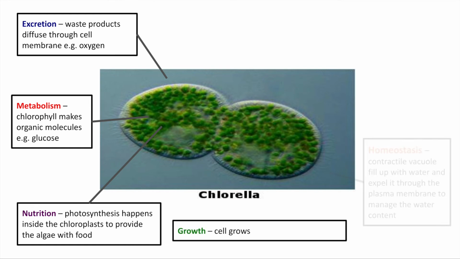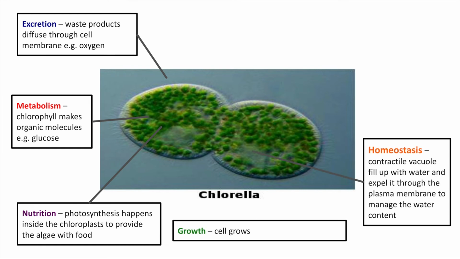Growth, the cell grows. Homeostasis, so the contractile vacuole fills up with water and expels it through the plasma membrane in order to manage the water content and to keep the water content stable inside of the chlorella.